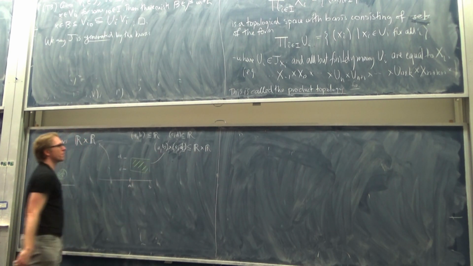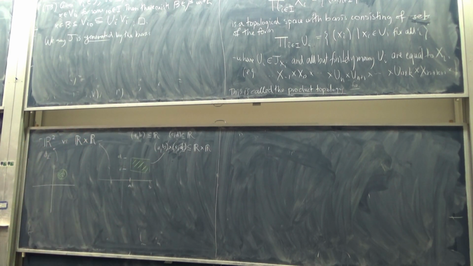So that's that set there. It's not quite what the statement says, but this collection is also a basis. If I take A, B, C, and D arbitrary, that's not that basis because there I'm taking arbitrary open sets, but this is also a basis if you think about it.